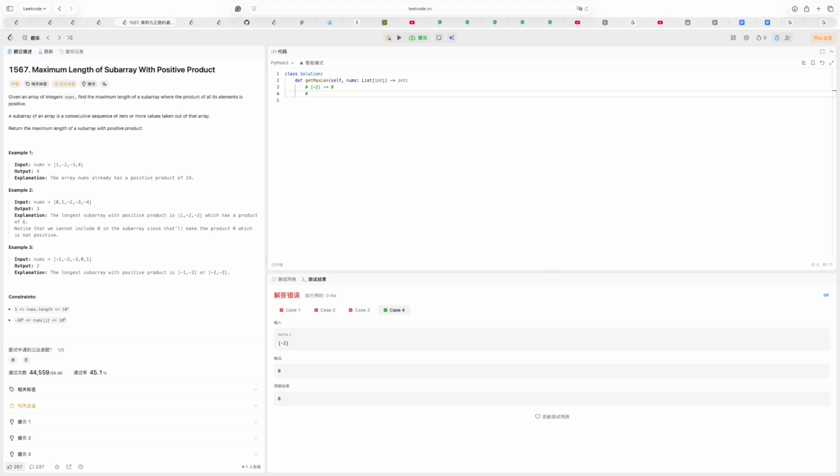I think the default value will be 0, since we can take an empty array, like we can have empty subarrays, and it wants us to return the length.